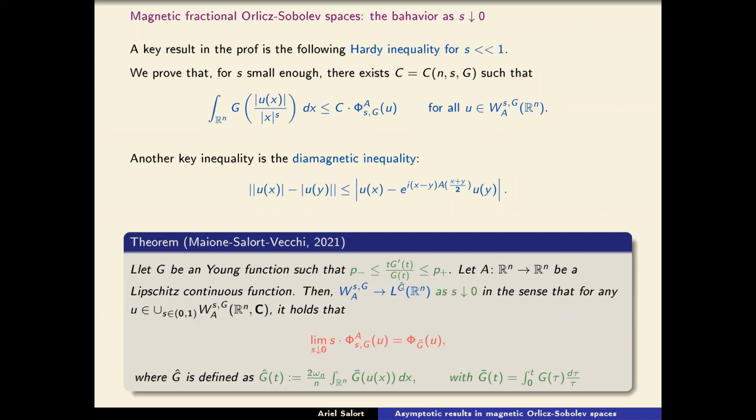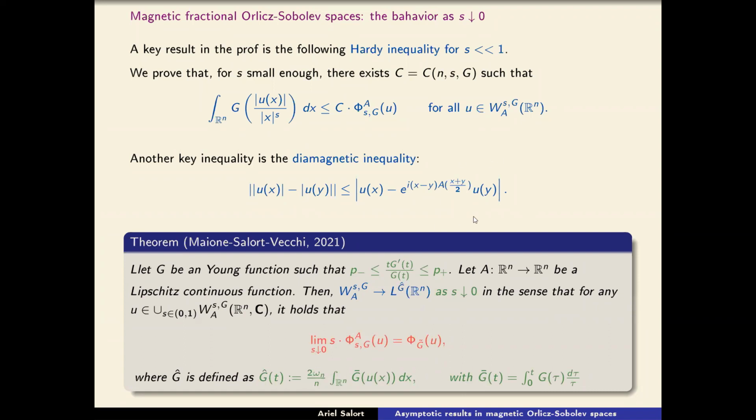And the function Ĝ is defined by this formula. The convergence is in a similar sense: the seminorms times correction terms go to the norm of the limit space.